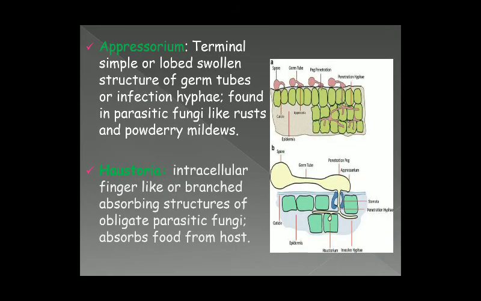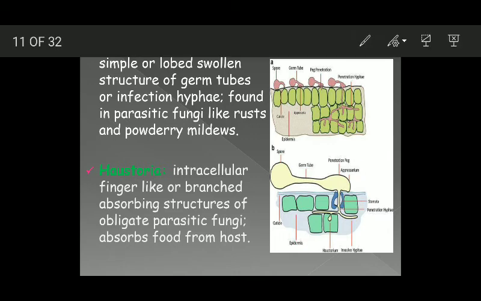Now the next one is appressorium. It is a terminal, simple or lobed swollen structure of germ tubes or infection hyphae. It is found in parasitic fungi like rusts and powdery mildews. Here you can see this is the spore. When it germinates, it produces the germ tube.